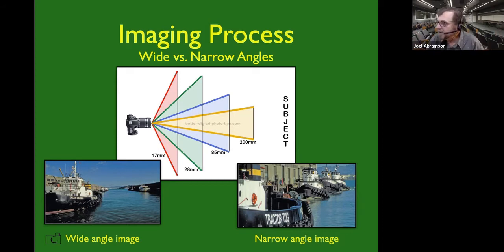And then the narrow angle is like what we get when we zoom in on the zoom lens, all right? And the angle refers to the angle of the picture edge relative to the lens. So the wide angle means that we have a wider field of view. A narrower angle means that we have a narrower field of view, but it seems to give us a field of view that is zoomed in, all right?